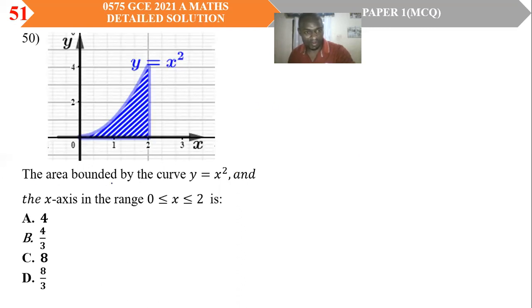Finally, question 50. The area bounded by the curve y equal x squared and the x-axis in the range x greater than or equal to 0, less than or equal to 2 is, please, this region and this curve. Solution.